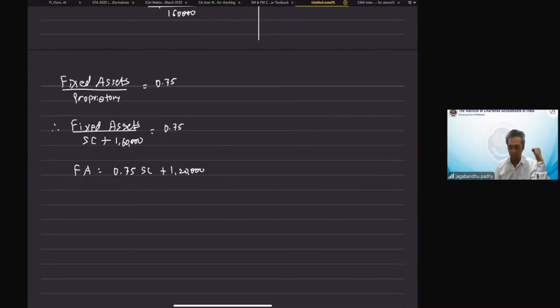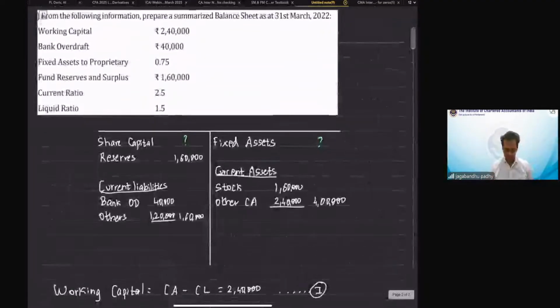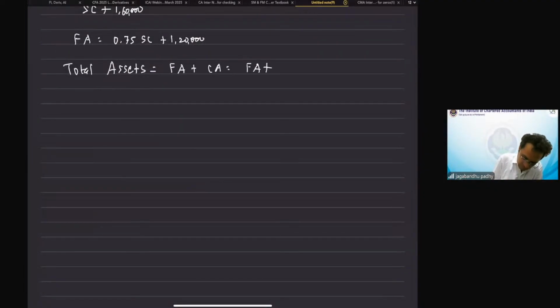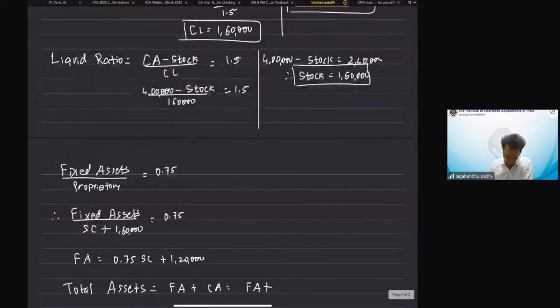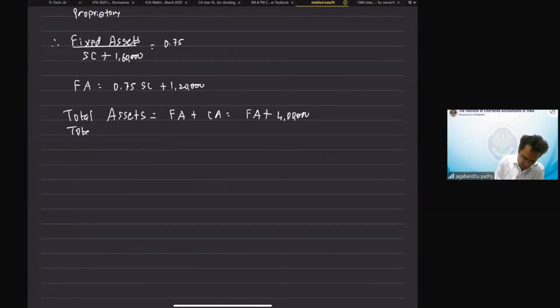Got it? So now we just need to look at total assets. Total assets is going to be fixed assets plus current assets. It is obviously fixed asset plus current assets, which is 4 lakh, right? Then we say total liabilities.